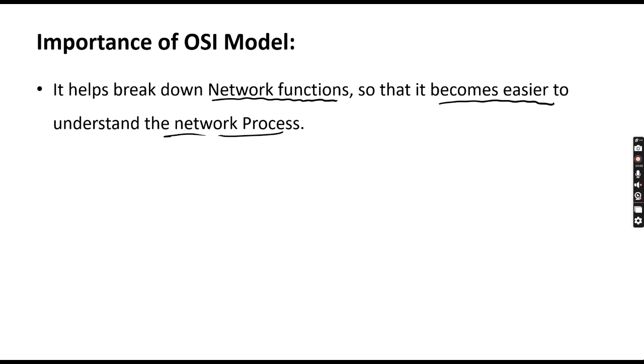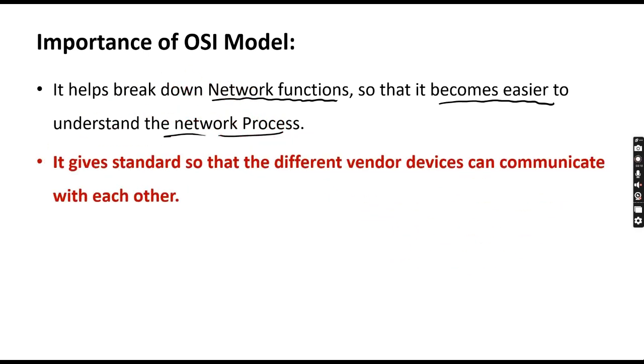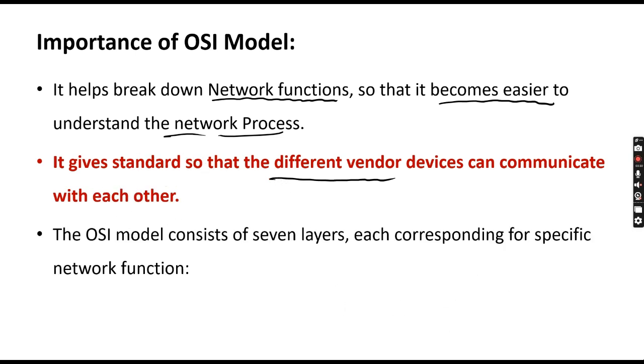Because it has a number of layers, 7 layers, which have different roles and responsibilities. We will discuss that in detail. Another very important point is that it gives standardization so that different vendors can communicate with each other.